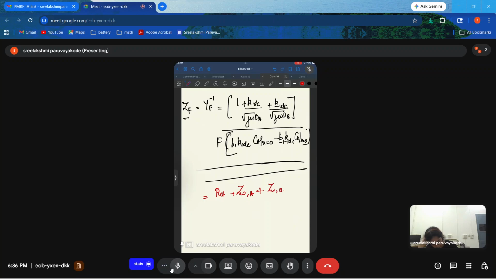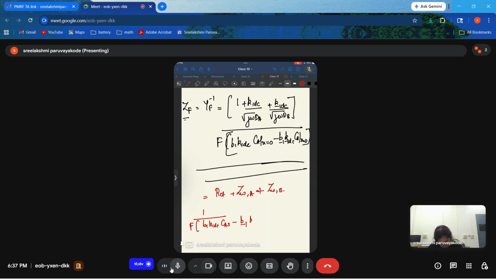So the first term, which is 1 by F into B1 K1 DC CA at X equal to 0, at the interface, whatever at X equal to 0 means, we have already seen it's the electrode interface, the electrode surface. What is the concentration? That is CA at X equals 0, that is CAS, right?